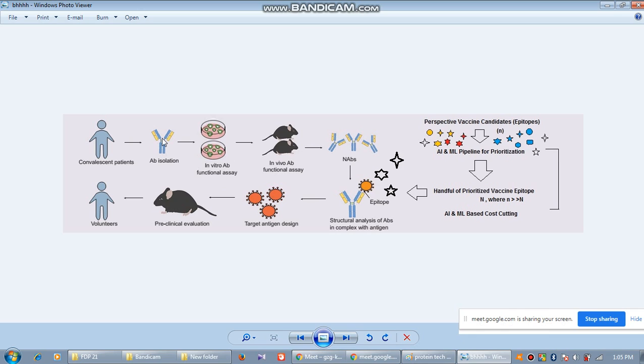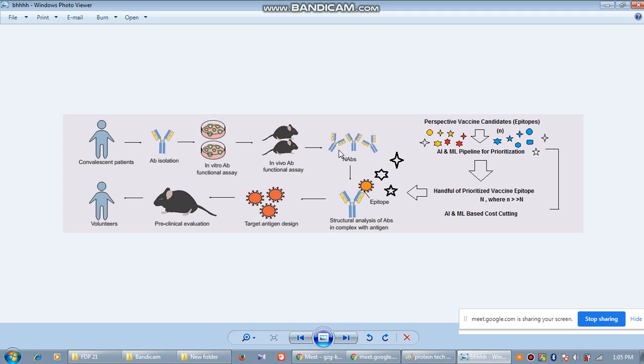Okay, so we will make monoclonal antibodies out of it. Now these are monoclonal antibodies, which are highly specific to a particular spike protein of COVID-19. Now here we will do a little test. We will add so many different antigens. These are all prospective vaccine candidates. How do we identify which antibody is good for us?